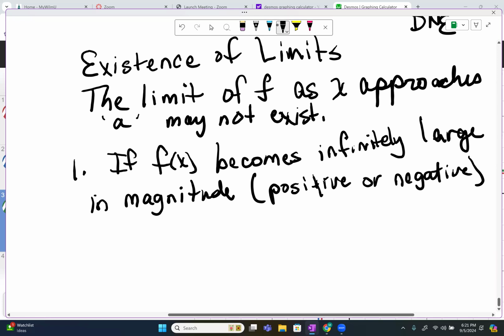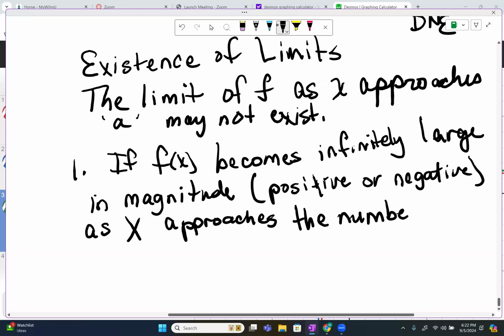and in this case, as x approaches the number a from either side, we say in that case, the limit does not exist.